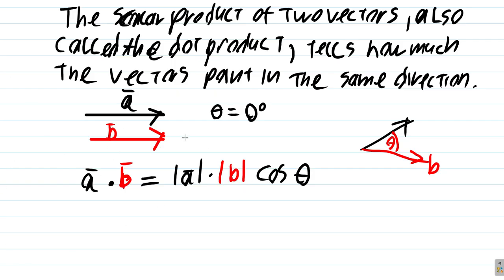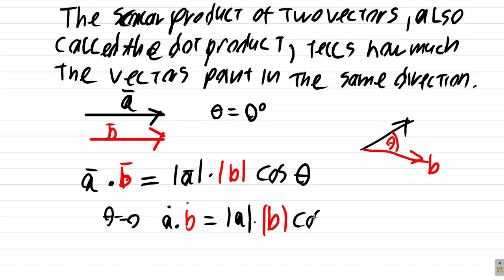So, when theta is 0, then A dot B is equal to the magnitude of A times the magnitude of B times cosine of 0.